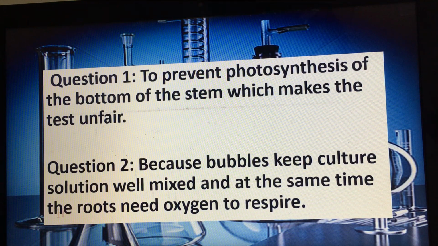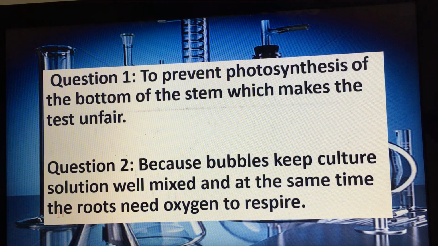Question 2. The bubbled air supply provides oxygen to the roots. Why might this be important in mineral uptake? Actually, we said bubbles keep the culture solution well mixed, and also we need oxygen because roots need oxygen to respire.